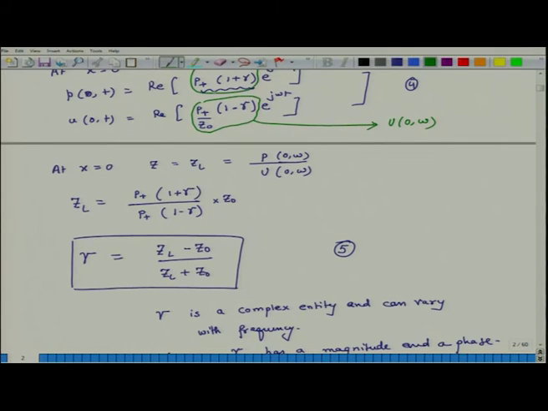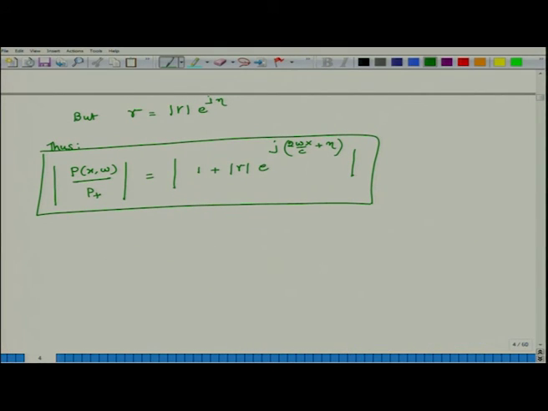In that process, we have arrived at relation 6, which says that the modulus of the complex amplitude of the pressure wave inside the tube divided by P plus is nothing but the modulus of 1 plus the modulus of gamma times the exponent j, 2 omega x over c plus eta.